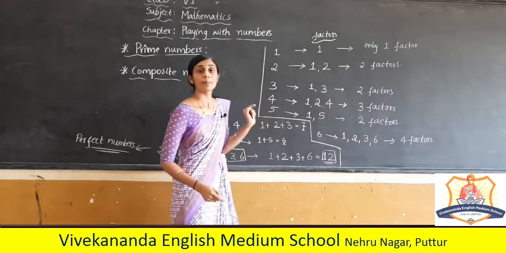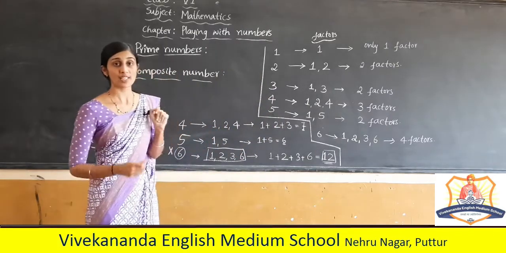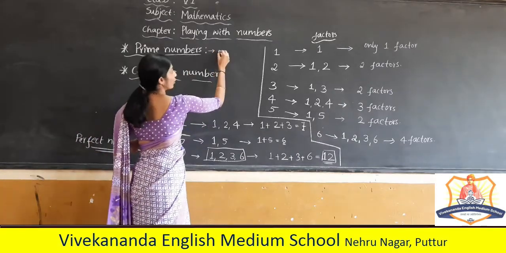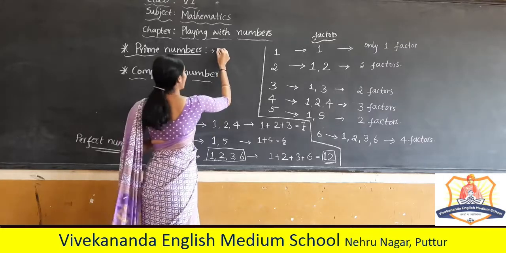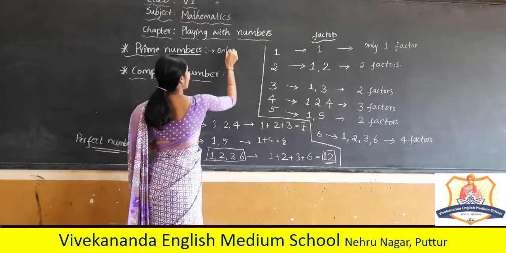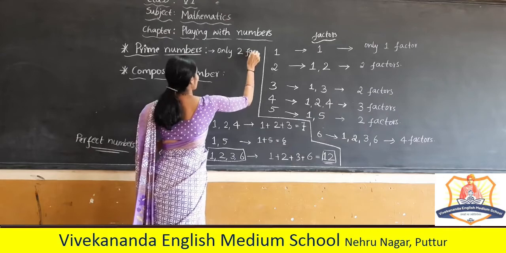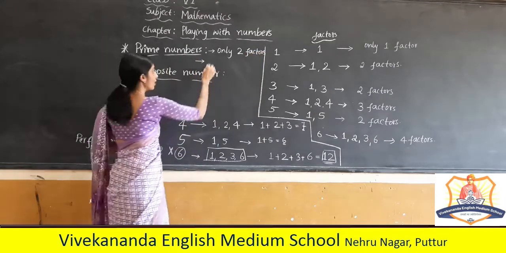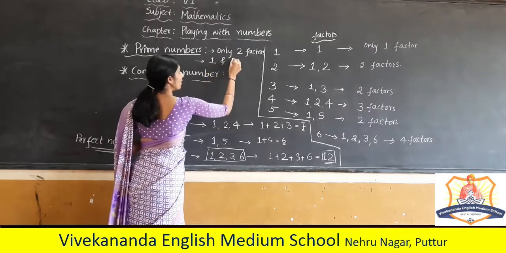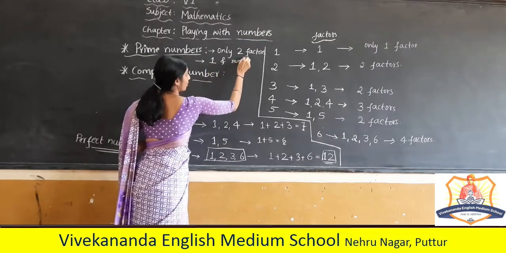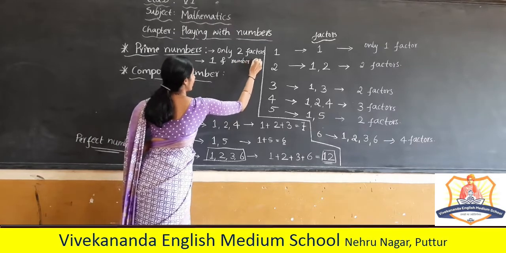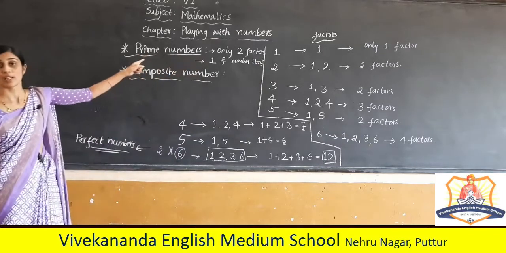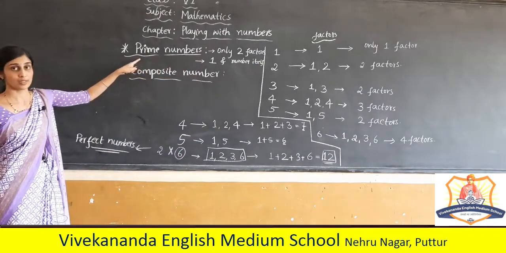So, the number which has only 2 factors, and those factors are 1 and the number itself, such type of numbers are called prime numbers.